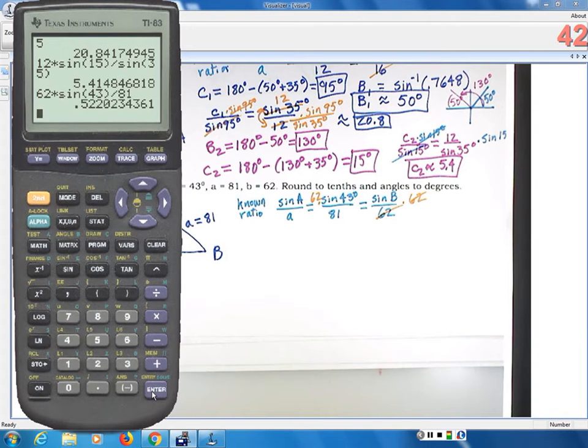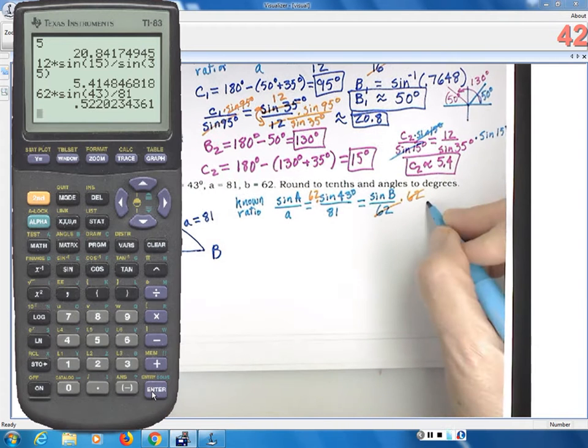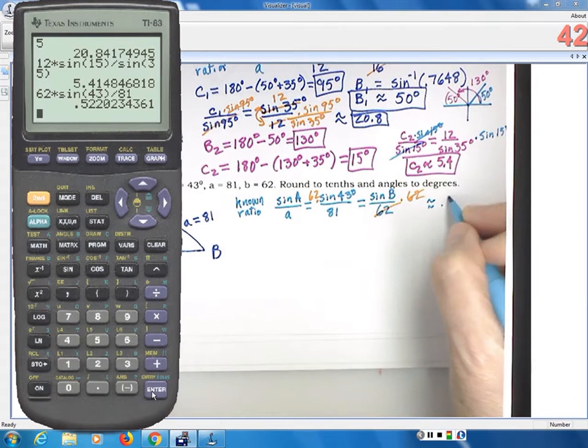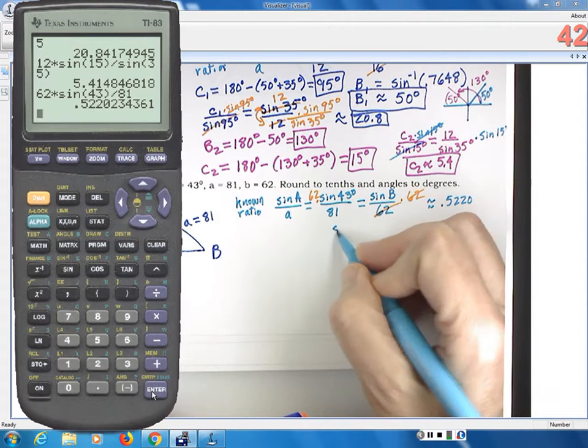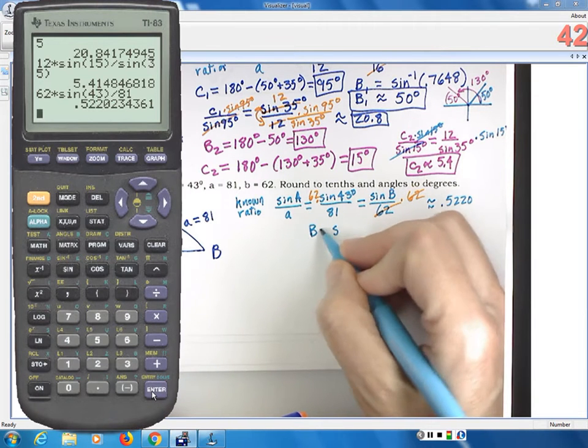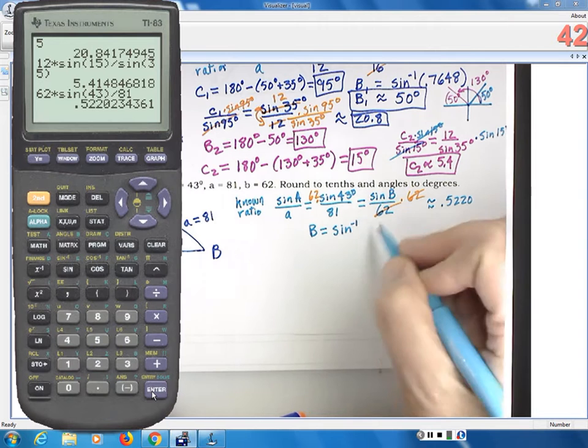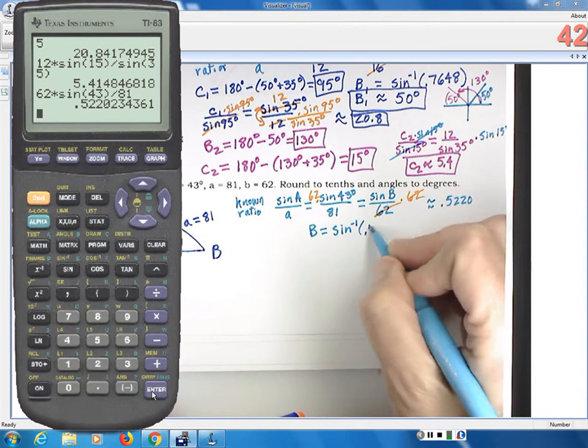So sine of B is approximately 0.5220, but I can use the whole number and take B is sine inverse of 0.5220.